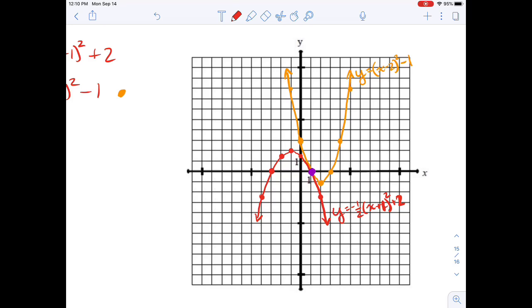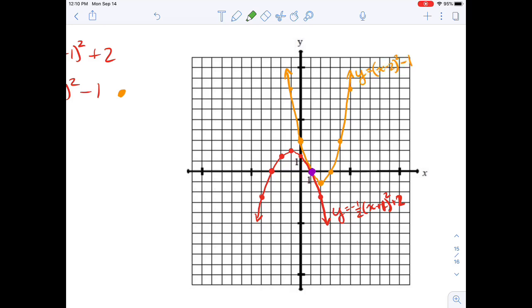So here are the results that I got for mine. And you can see that what used to be equation 1 has now been put into a vertex form that looks like that, and so that's the red one that's now pointed upside down. And what used to be equation 2 has now been put into vertex form like so, and that's the one that's in orange.